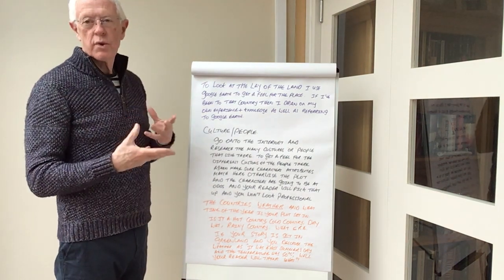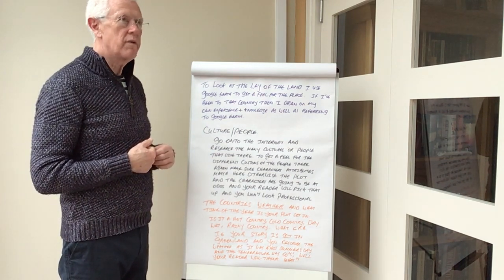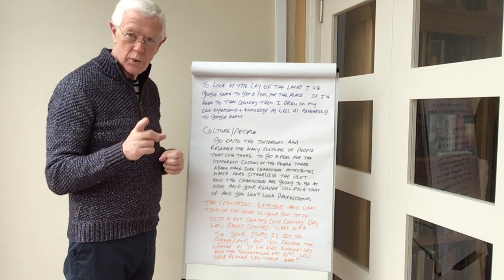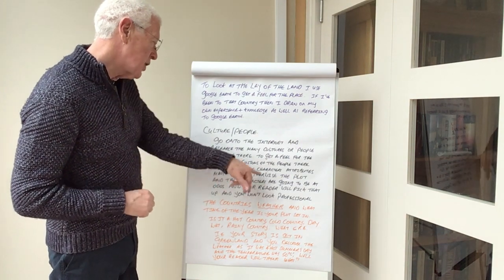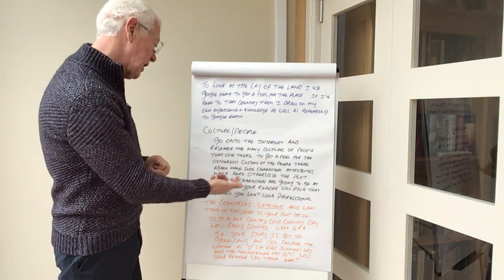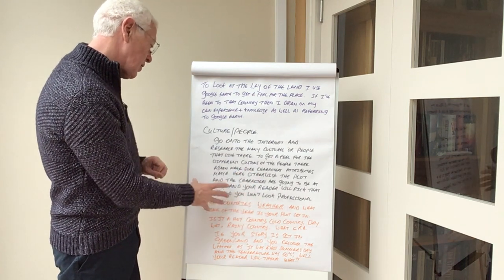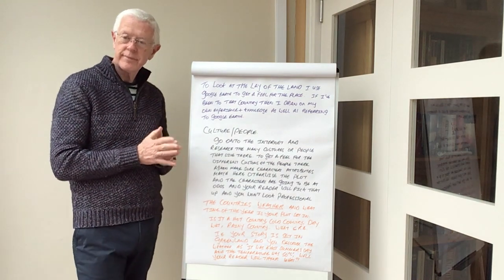And to put a character in a particular country and then refer to a different culture, it's not going to add up, and it's not going to do you any justice. So make sure the characters' attributes match, otherwise the plot and the characters are going to be at odds, and your reader will pick that up and you won't look professional.